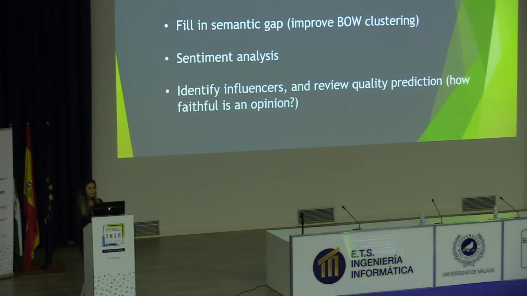Also, you can use information in the web to cover for those contexts you didn't have before. When I told you about tweets and the problem of context, you can use social media to try to cover for this context, which is also useful. Well, also it's useful for sentiment analysis, as I said, and also it can be used to identify influencers and people who are famous, or ideas that are famous.